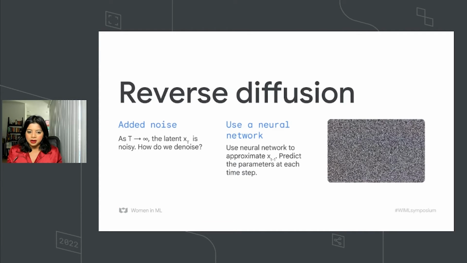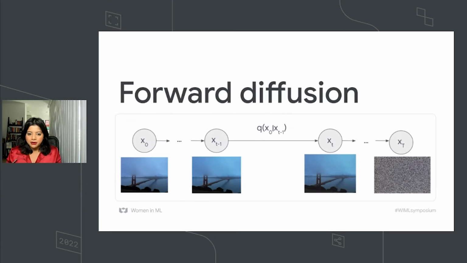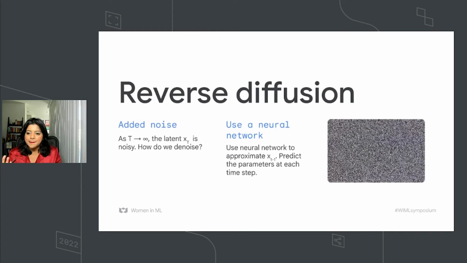The second part of the process is known as reverse diffusion. Coming back from forward diffusion, we've added a bunch of noise over T steps. But now the question is, how do we reverse it or denoise it? As mentioned before, we're going to use a neural network to accomplish this.